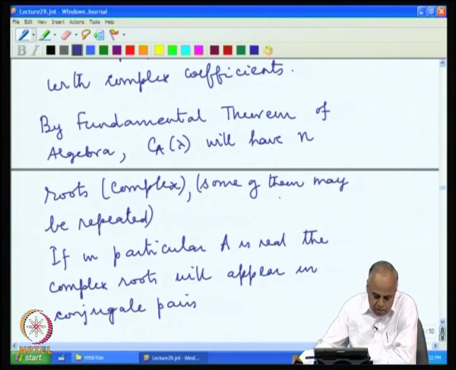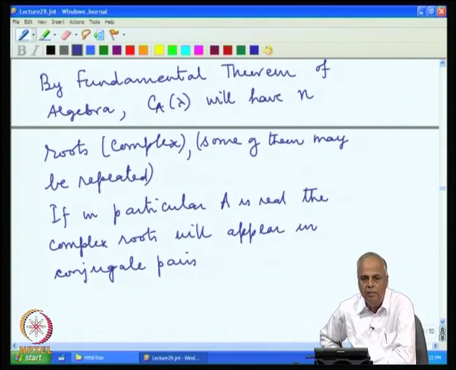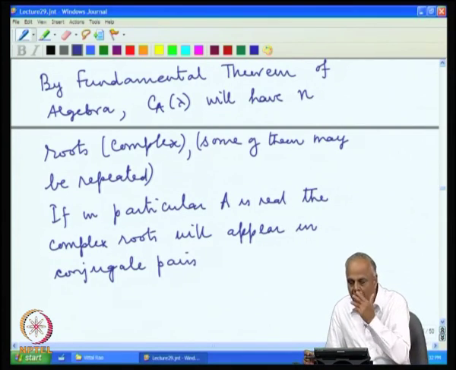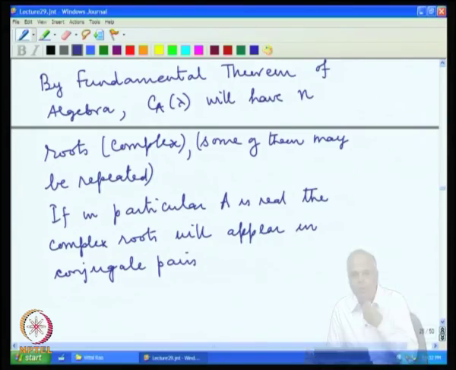So, what this says is that as far as the search for the eigenvalues is concerned, there is no problem about finding them, enough number of them, in fact, n of them as the roots of the characteristic polynomial, provided you allow complex roots. Okay.